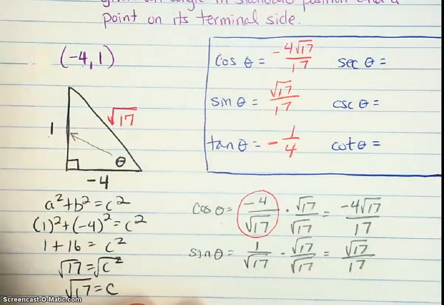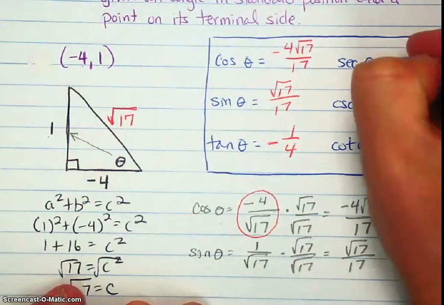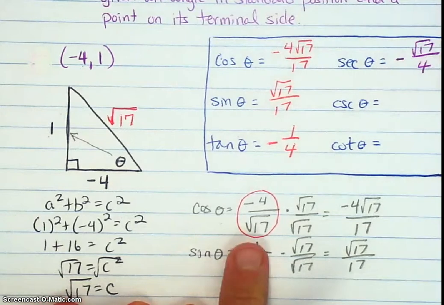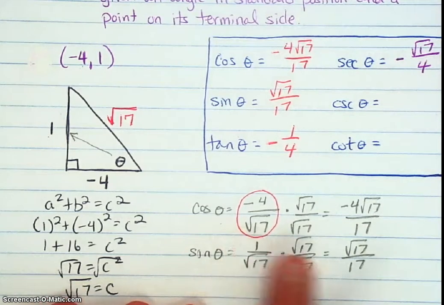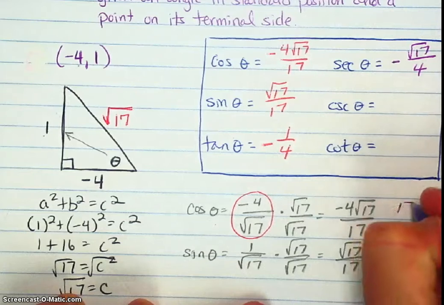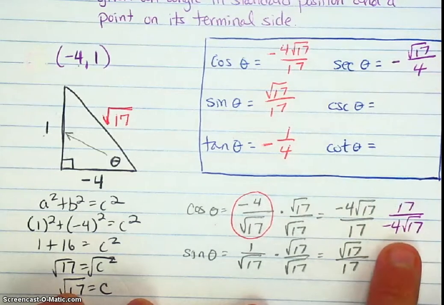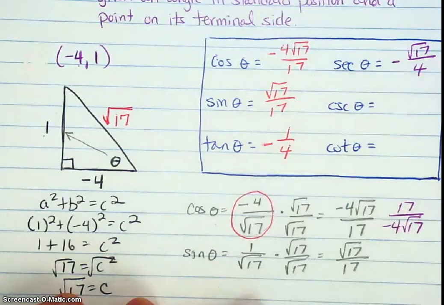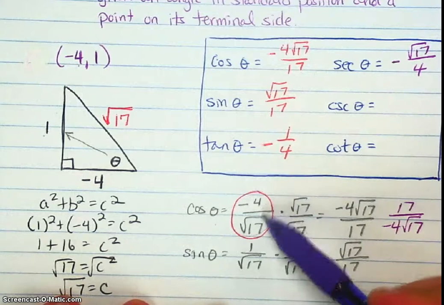Because when I flip that one, what I end up with is negative square root of 17 over 4, and I don't have to do any simplifying. If I were to flip this one right here, I would end up with this, and now I still have the same problem with a radical in the denominator, and I would have to go through and simplify that. So it's easier just to go back to the original where you did adjacent over hypotenuse.